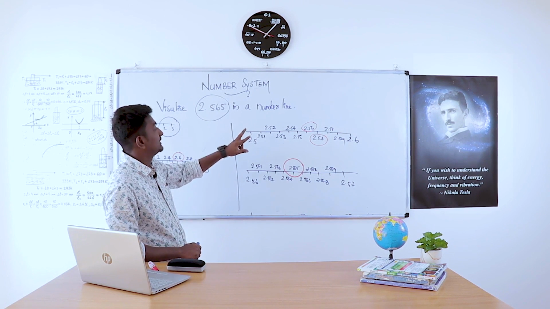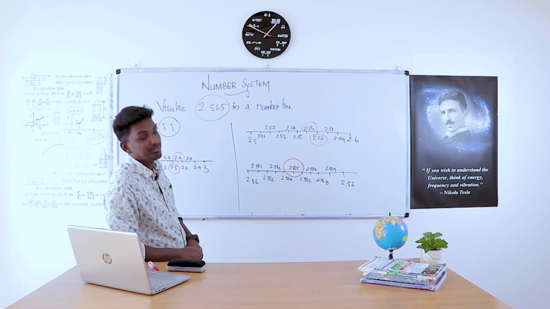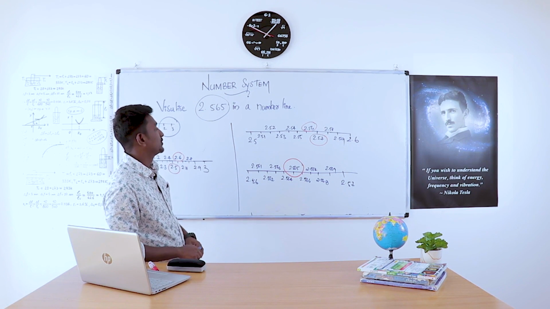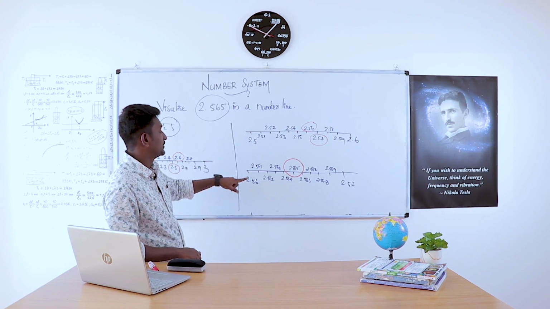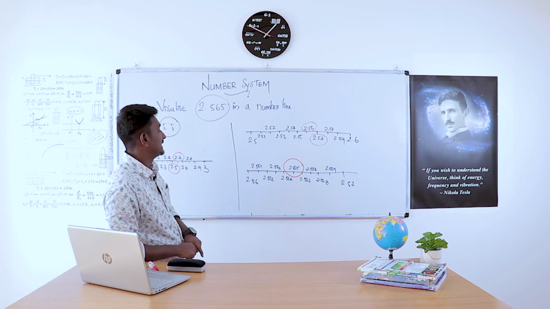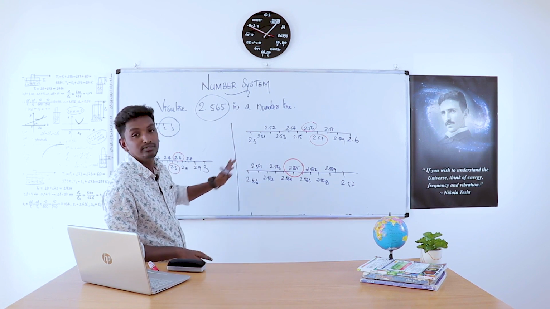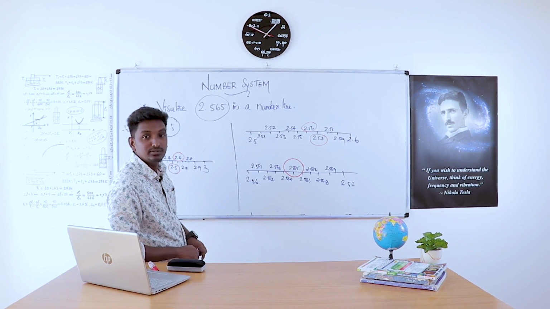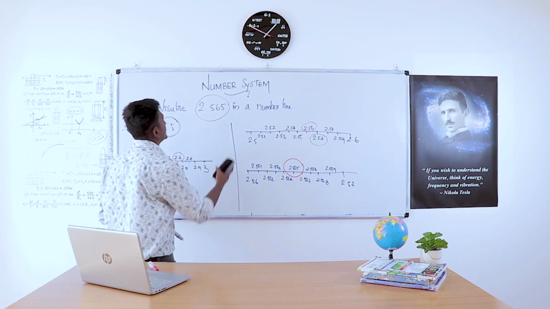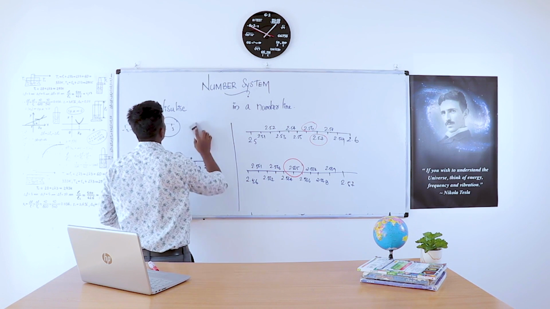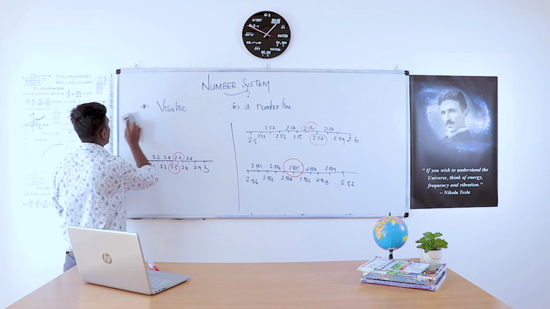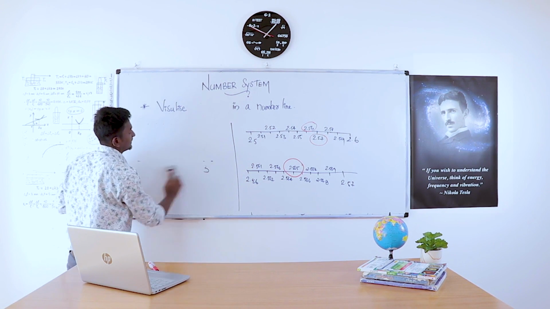Then we know that 2.565 lies between 2.56 and 2.57. Again, zooming in on 2.56 and 2.57, we get 2.561, 2.562 up to 2.569. Then we get the answer 2.565. Thus, we visualize 2.565 on a number line.